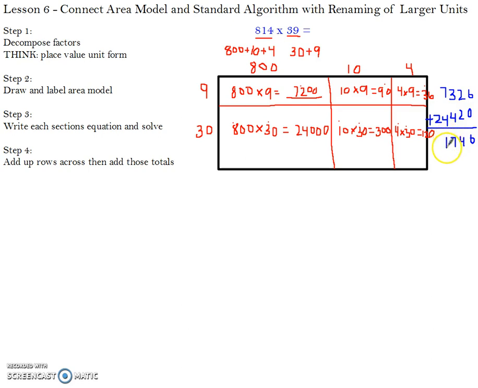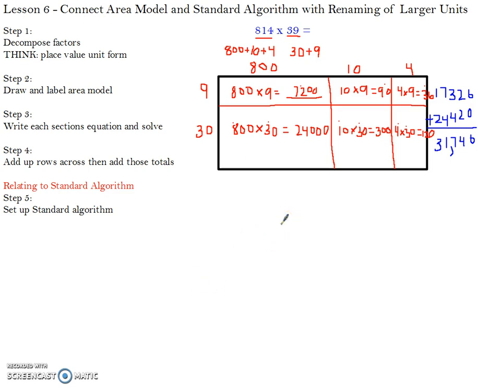Since I can't have two digits there, I leave the 1, carry the other one, and then 1 and 2 is 3. So my answer to 814 times 39 is 31,746. So now we're going to relate to the standard algorithm.